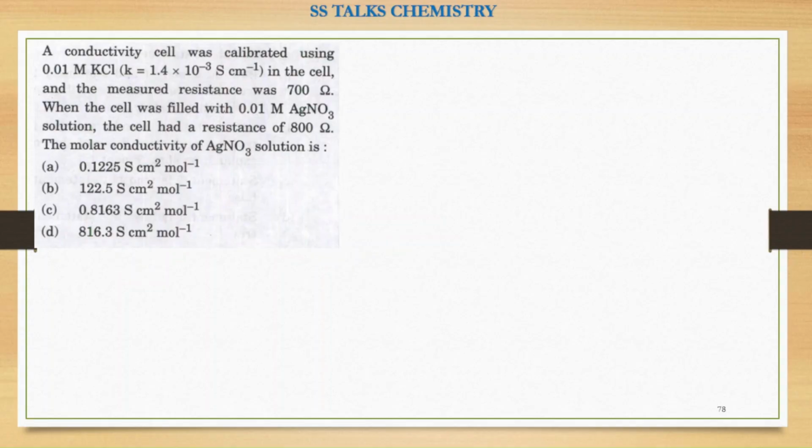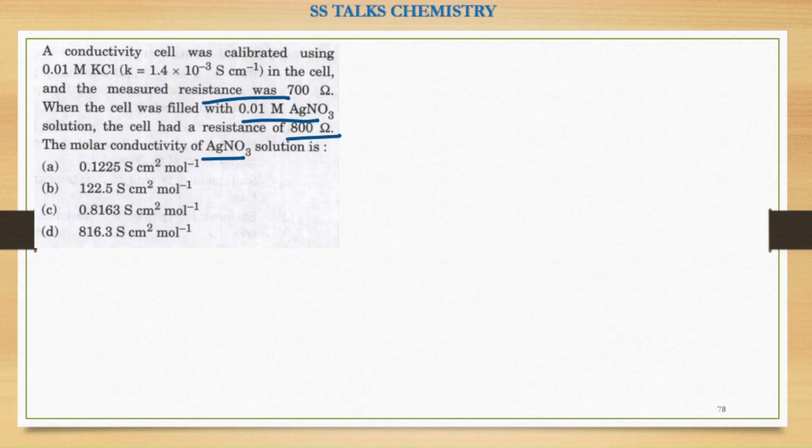Next we have this question. It says the conductivity of a cell was calibrated using 0.01 molar KCl whose conductivity value is this much, and the measured resistance was 700 ohms. When the cell is filled with another solution, the cell had a resistance of this much. What is the molar conductivity of the other solution?